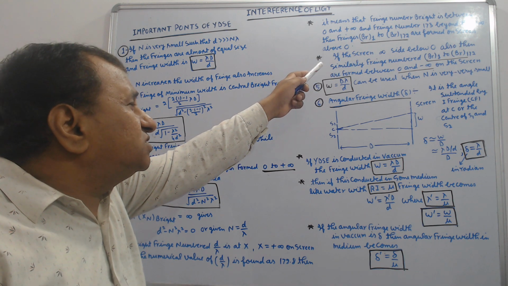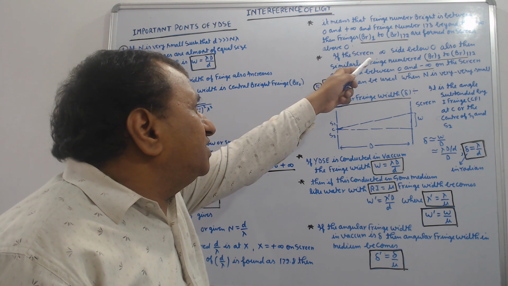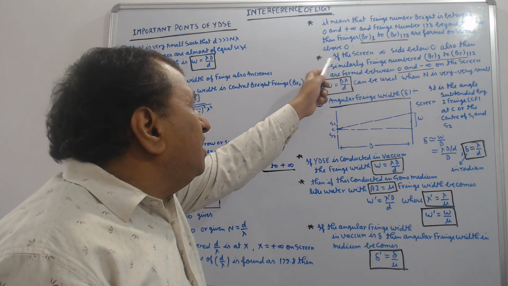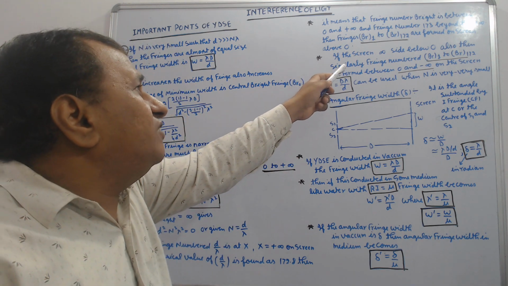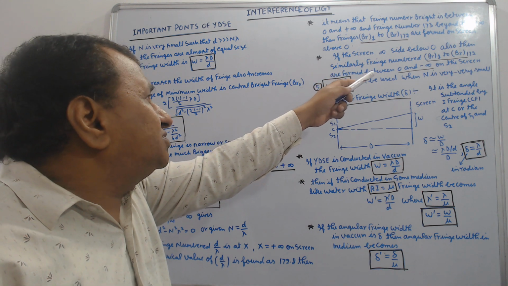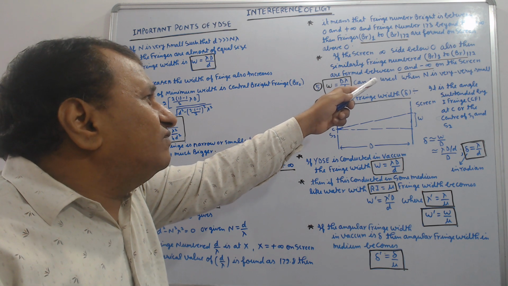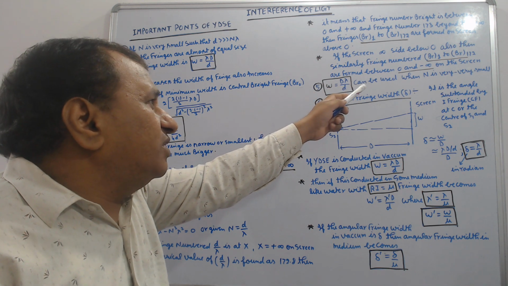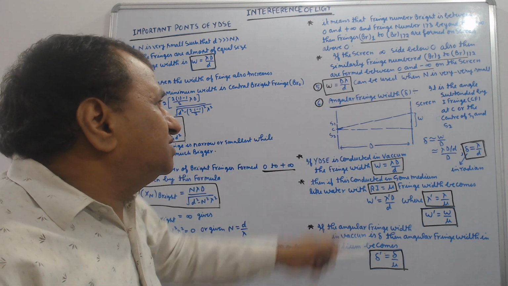Then bright fringes 1 to bright 172 are found on the screen above O. Next point, if the screen extends infinitely below O to minus infinity also, then similarly fringes numbered bright 1 to bright 172 are formed between 0 and minus infinity on the screen.